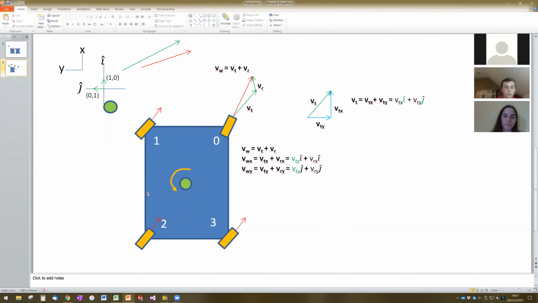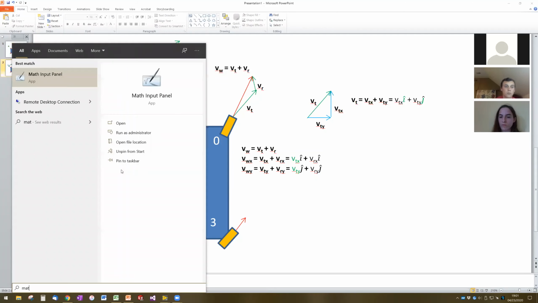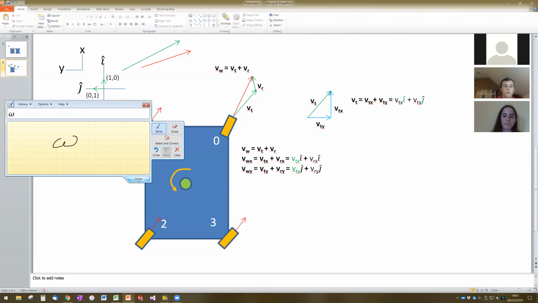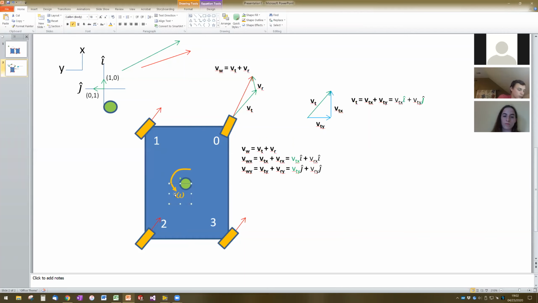We want to rotate about the center at some angular rate. That's the velocity that makes sense to us. And the standard letter for that is an omega, or as Alex prefers to describe it, an omega. So we want to describe the rate of rotation around the center as some omega velocity.